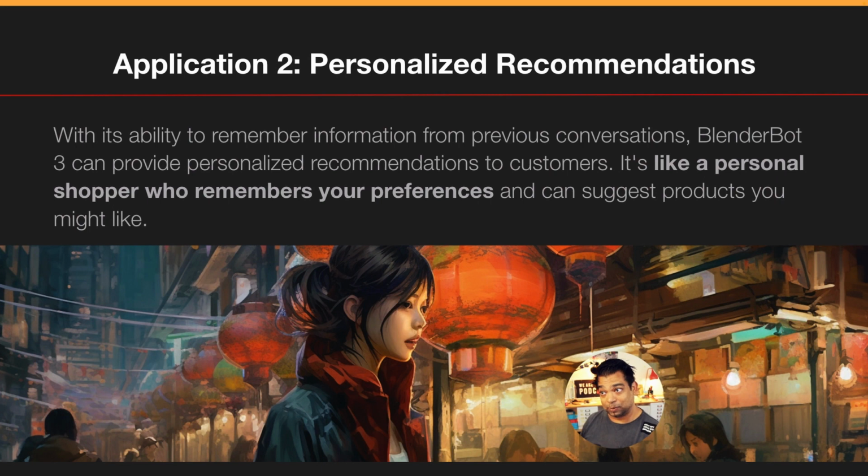Application two is personalized recommendations. With its ability to remember information from previous conversations, BlenderBot 3 can provide personalized recommendations to customers. It's like a personal shopper who remembers your preferences and can suggest products that you might like. And this is the next level from what Amazon already has. And Amazon actually has a really good AI. It used to be just, this is what you might like.